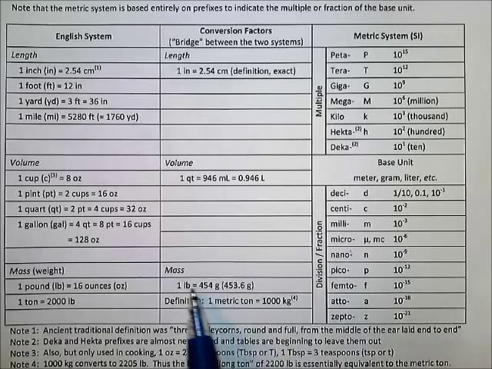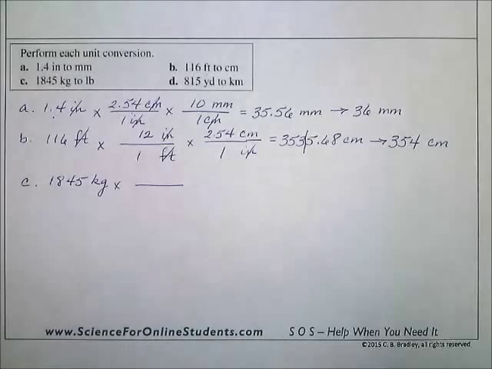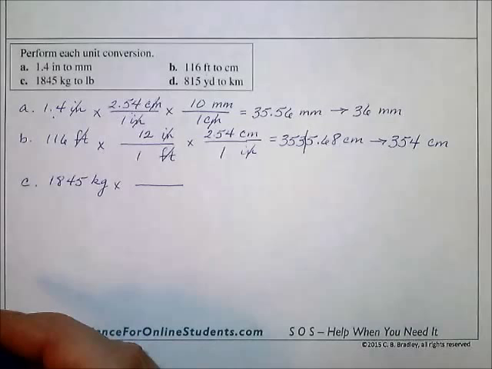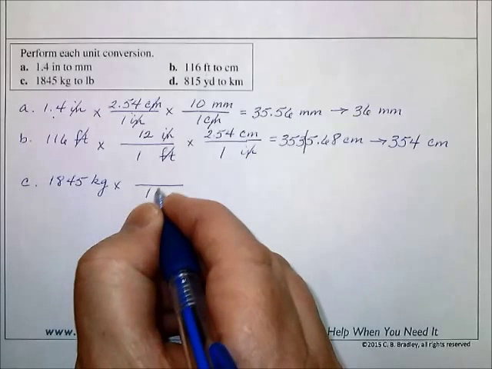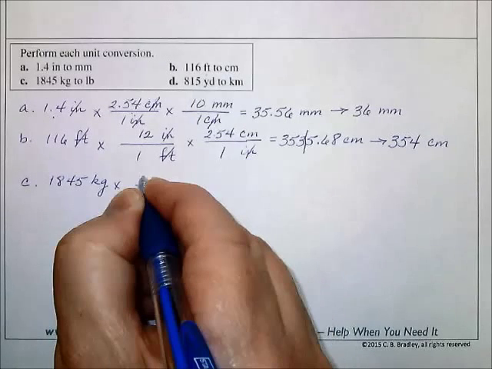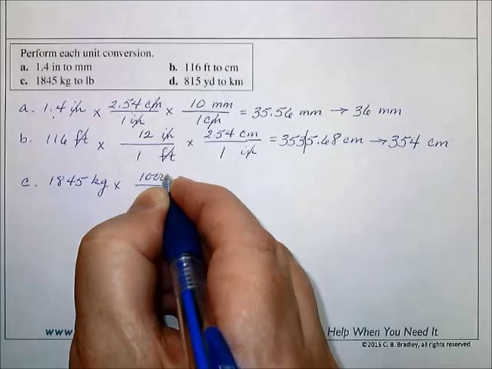So we have the conversions in grams, not kilograms. The conversion factor would just be moving the decimal if we wanted to go directly to kilograms. 1 kilogram is 1,000 grams.